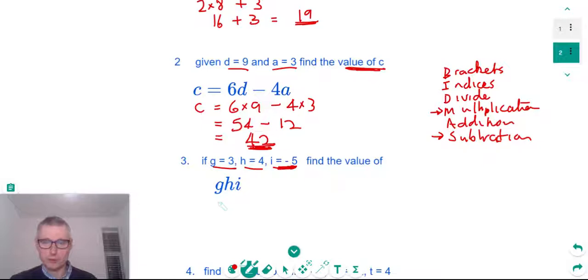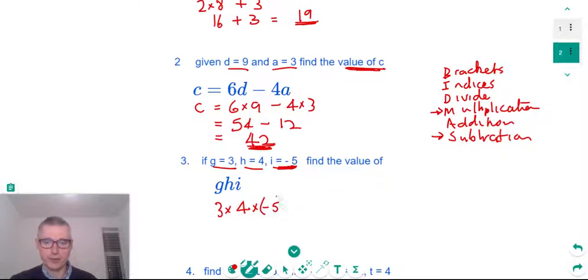So what I'm going to do is write them in there. So this means g times whatever h is times whatever i is. So we're going to go 3, replacing the g, times the h, so that's times 4, and then times, and when I've got a negative number like negative 5, it's handy just to write that in a bracket.